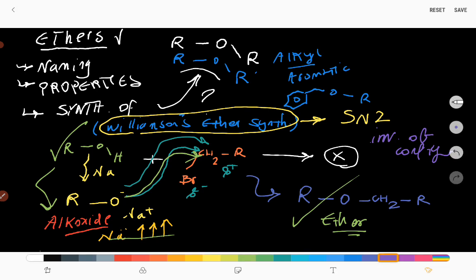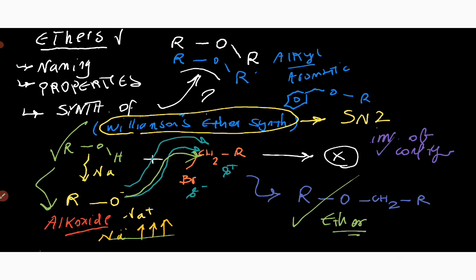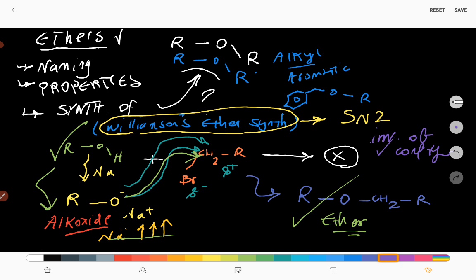Another thing in an SN2 reaction is that the groups, or substitutions, around the base molecule will affect the result of the reaction.